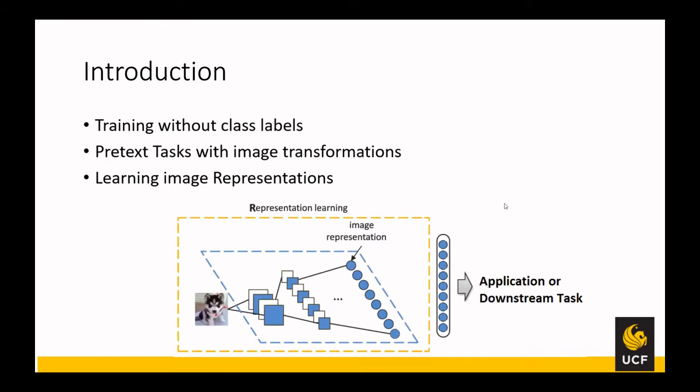An image representation is a small vector that contains semantic information about the input image. And so this representation can then be used in an application or downstream task. And in this paper, we're concerned with creating representations that are robust against adversarial images.